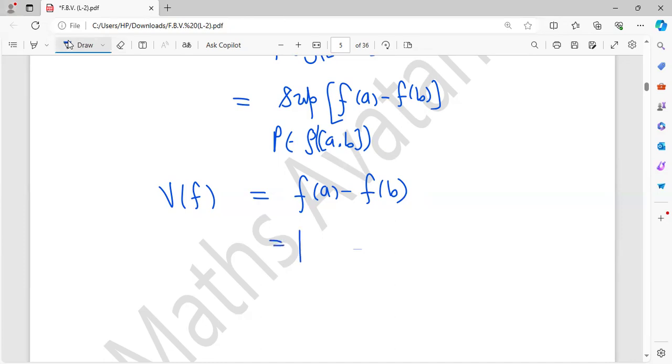Same thing I can write like that. Because F is monotonically decreasing, when it comes out of the modulus, a minus sign will be there. So minus FB minus FA is minus FB plus FA, that is FA minus FB. So finally, what did we prove?